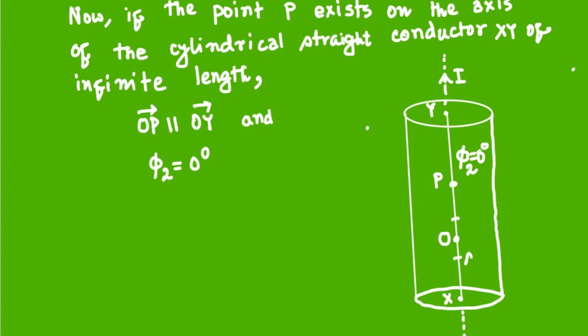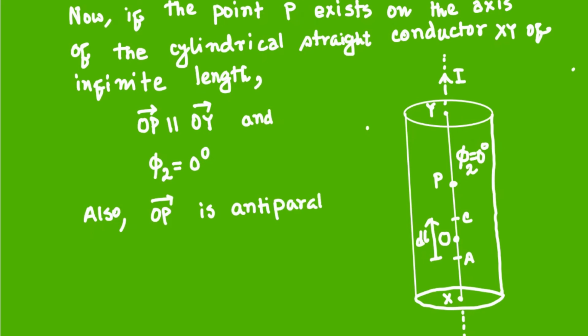That means we are considering a current element I dl, an elementary portion AC of the conductor, and the distance of the point P from the current element is r, or vector OP, and that is parallel to the distance of the end Y, OY. That's why phi 2 is equal to 0 degree.